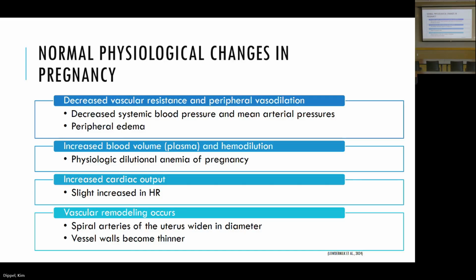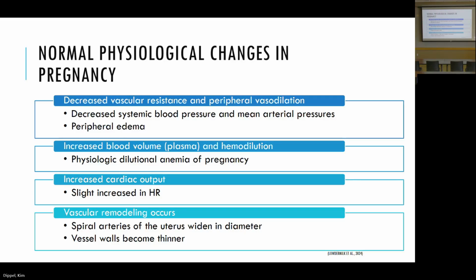And even though we do have to investigate if a woman is anemic in pregnancy, and Clinical Concepts, I'll give them a plug for their podcast, Dr. Martin does an excellent job in talking about iron deficiency anemia and treating that. So it's normal for women to have some type of dilutional anemia, but not to the effects where their hemoglobin and hematocrit is drastically reduced.